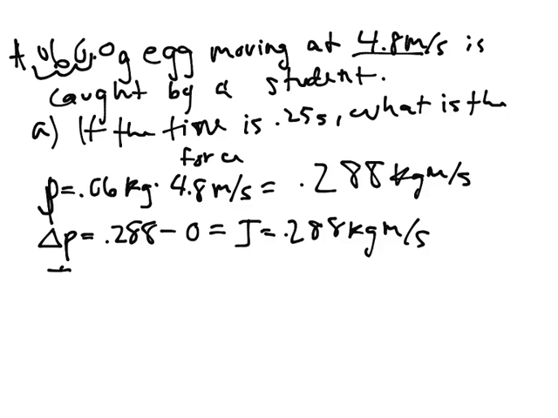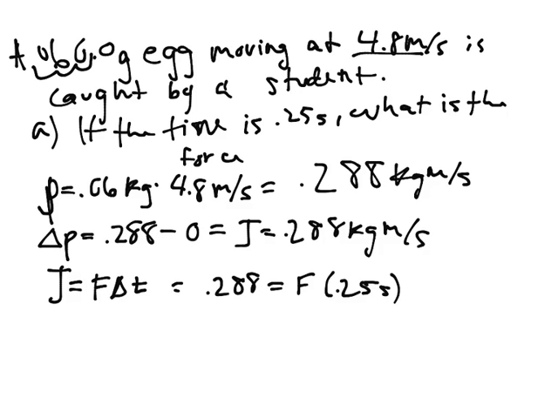Then we can use our J, or impulse, is equal to the force times the change in time. We know that our J is 0.288. We don't know our force, that's what we're trying to find, and we know that the delta T is 0.25 seconds. Divide by this on both sides, and your force would equal 1.152. Remember, it's force, so it would be newtons.